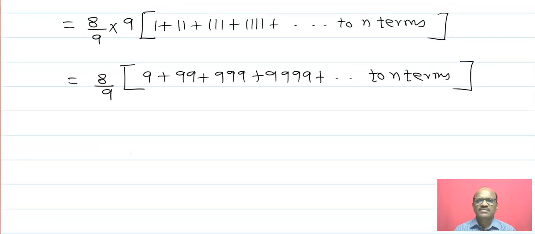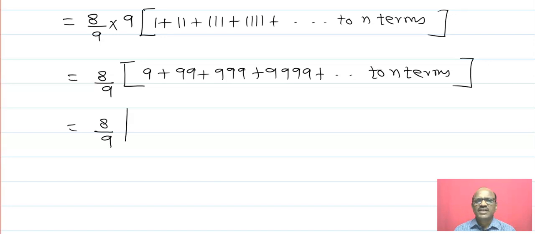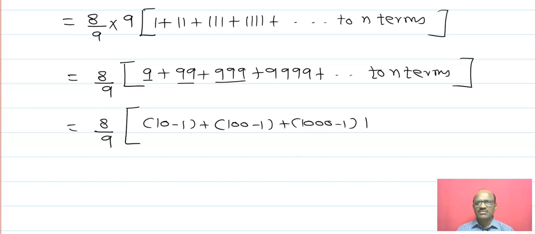Therefore, now this 9 can be written as 10 minus 1. Same type of problem is there. 99 can be written as 100 minus 1, 1000 minus 1, and in this way up to the n terms.